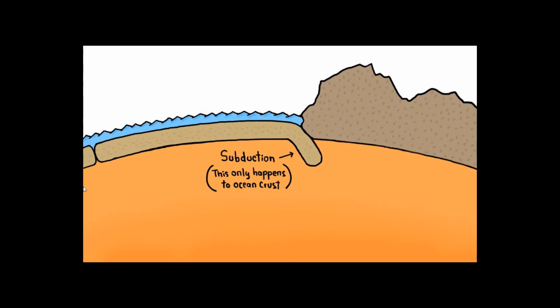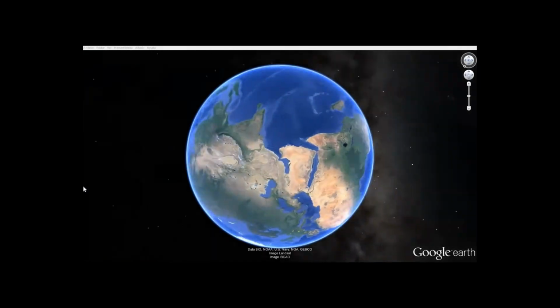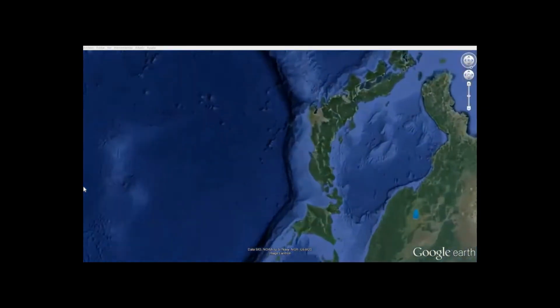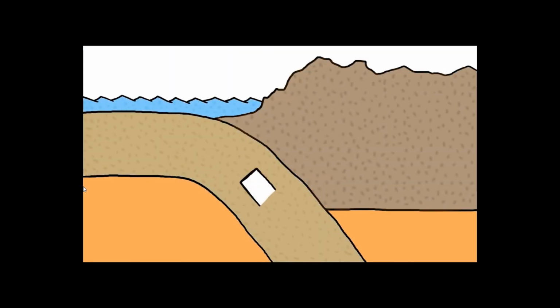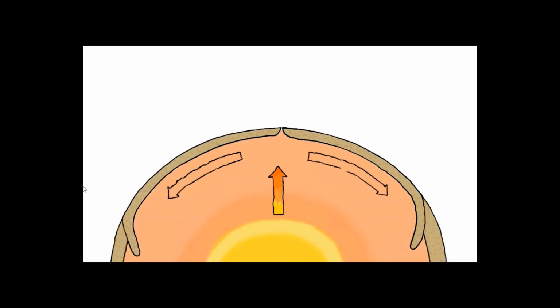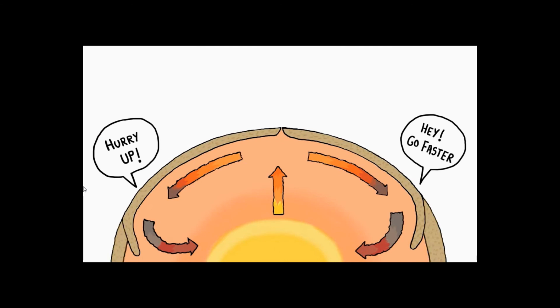The bigger the sunken portion of the plate becomes, the harder it pulls and the faster the remaining plate behind it moves. You can find where this is happening just by looking at Google Earth. The incredibly deep, narrow ocean trenches visible off the coasts of some continents and island chains mark the creases formed as ocean crust plunges downward, bending the edge of its neighbor in the process. What's more, these chunks of seafloor are actually helping to drive convection in the mantle beneath them.